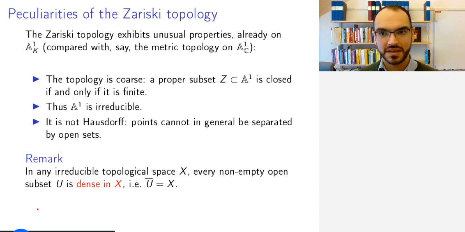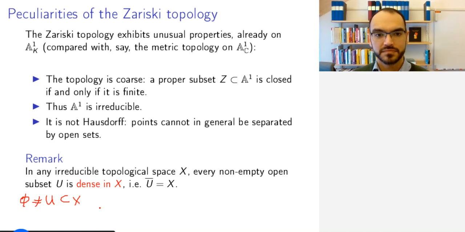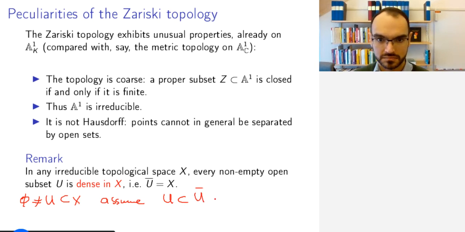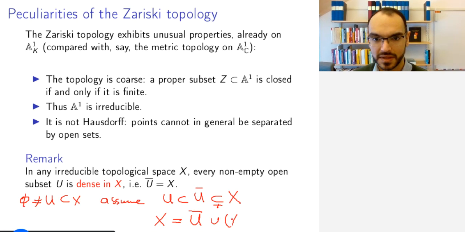Well, if you take an open subset U in X, not empty, and assume that it is not dense. So assume that U lies in the closure, and the closure is not the whole space X. Then you can write X as the union of the closure and the complement.